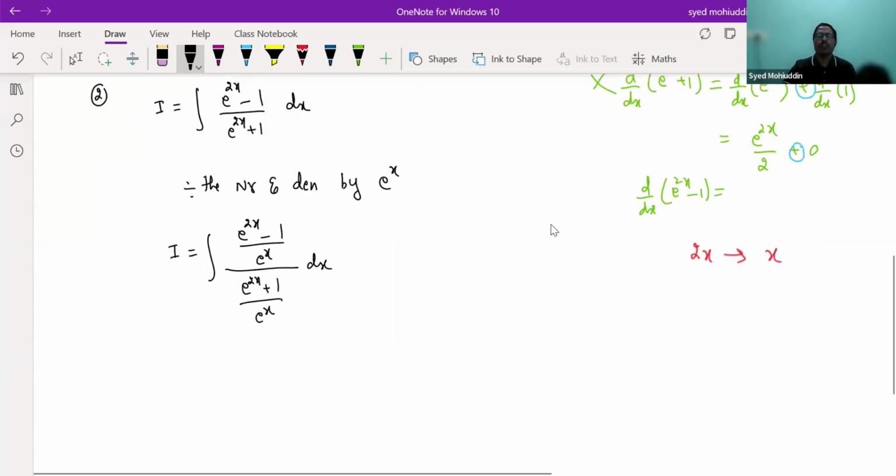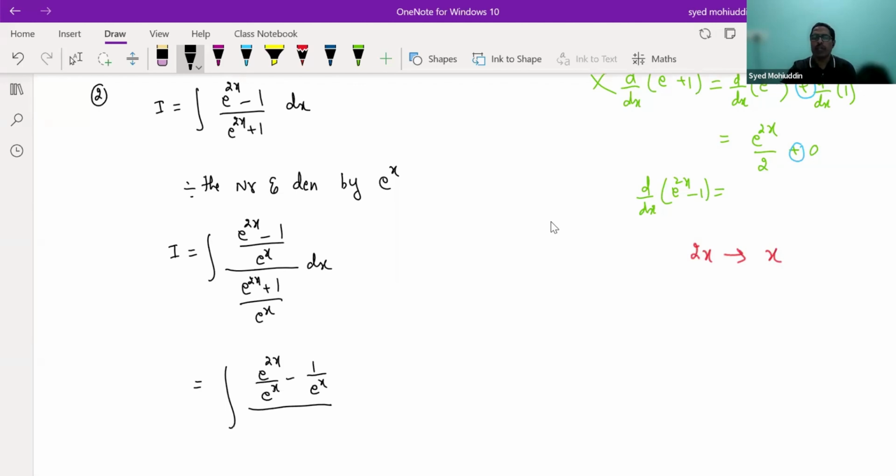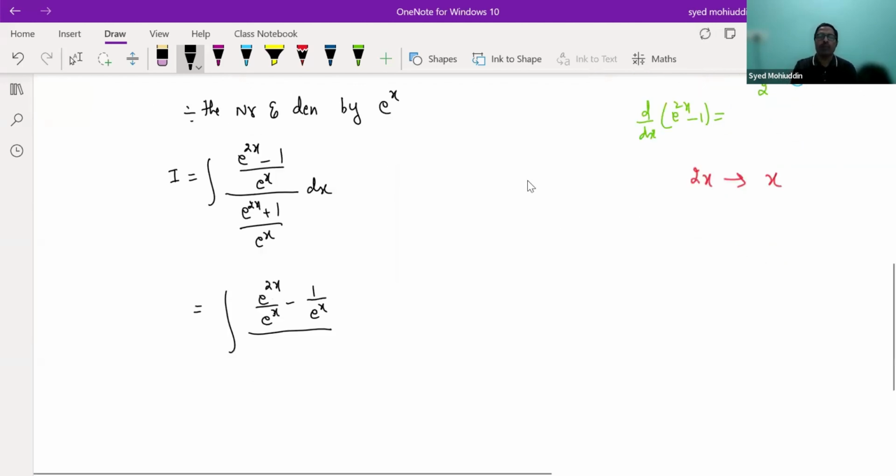Now each term has to be divided by e power of x, so I can rewrite this as (e power of 2x divided by e power of x minus 1 divided by e power of x), whole divided by (e power of 2x divided by e power of x plus 1 divided by e power of x), into dx.